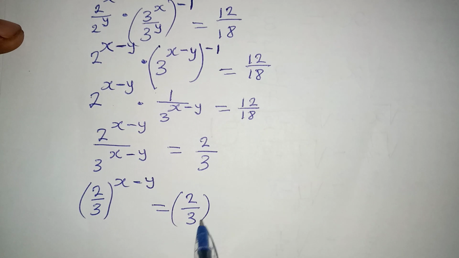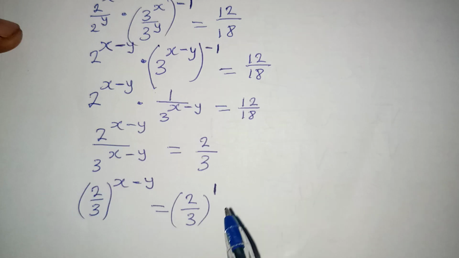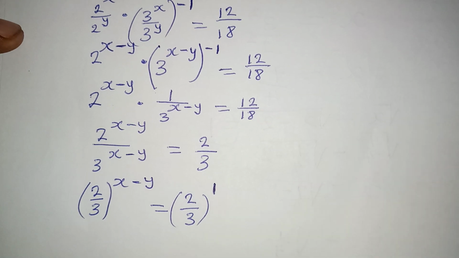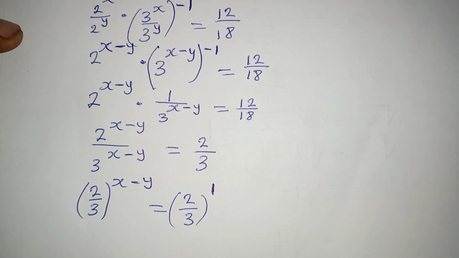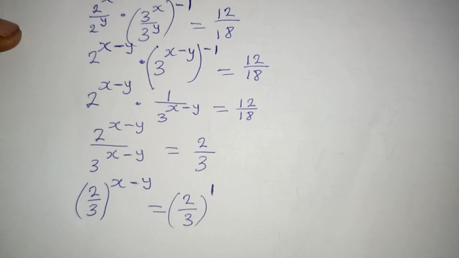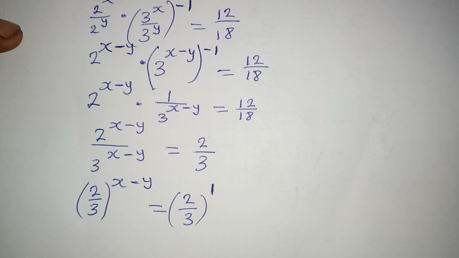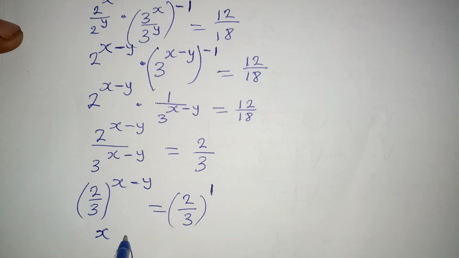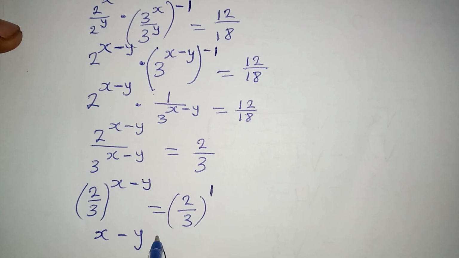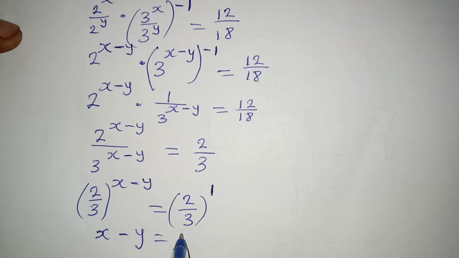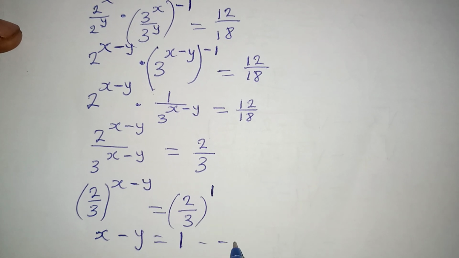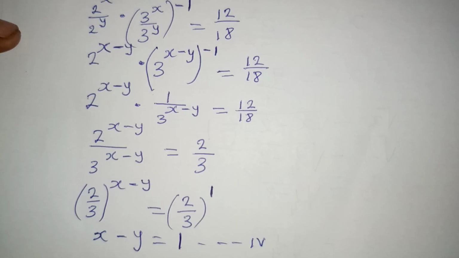Remember that this 2 over 3 is also to the power of 1, because any number to the power of 1 will still give you the same value without a power. Now, we have the same base, so we can equate the powers. x minus y is equal to 1. This now becomes our equation 4.